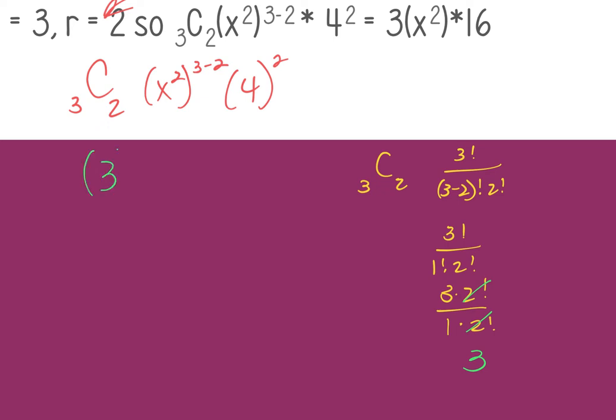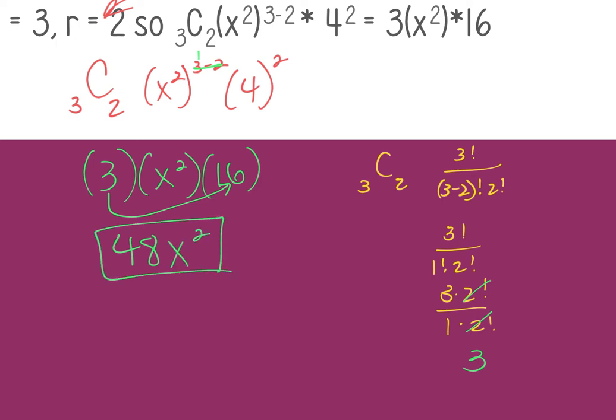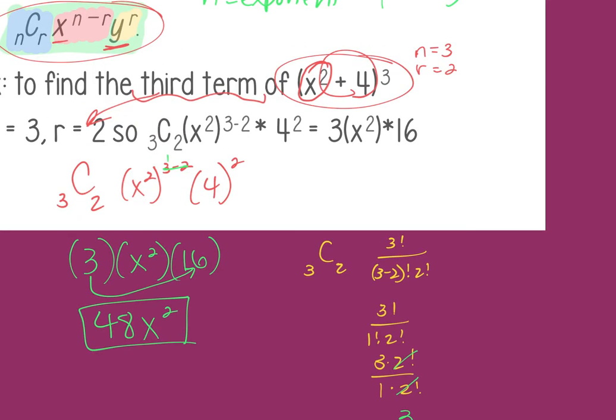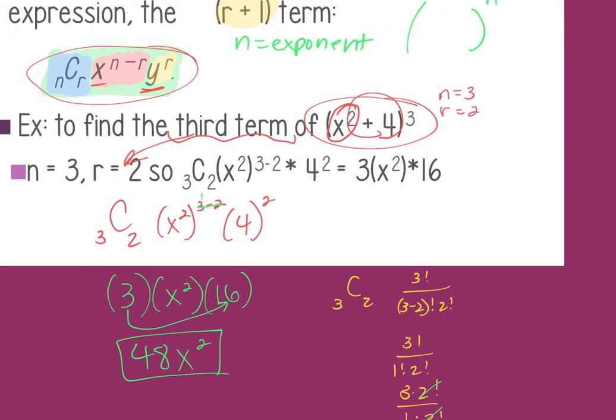So that's the C. Then x squared raised to the first is going to stay x squared. And 4 squared is 16. So this term, I multiply the 3 times the 16, and I'd get 48x squared. So it is C. This is the formula you need to know.